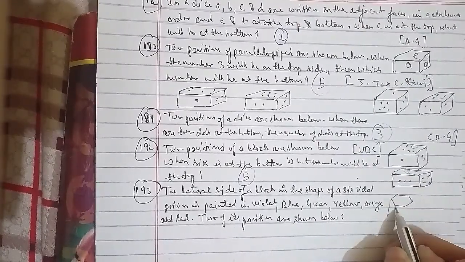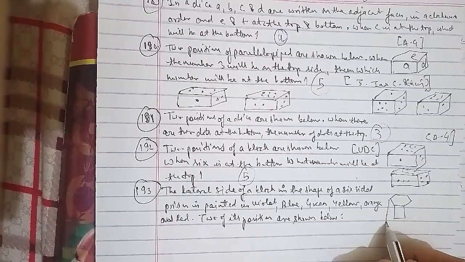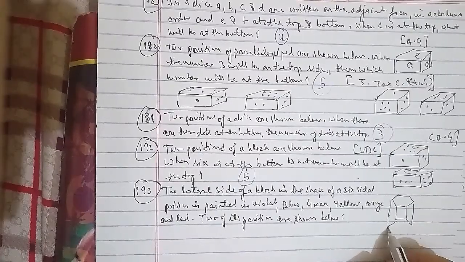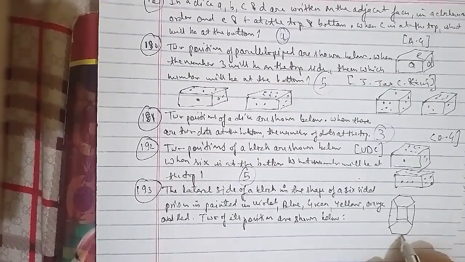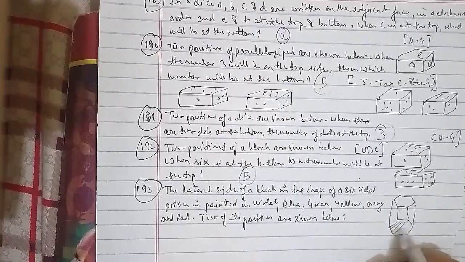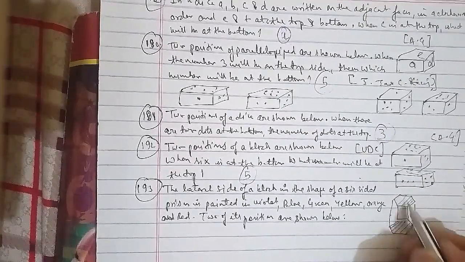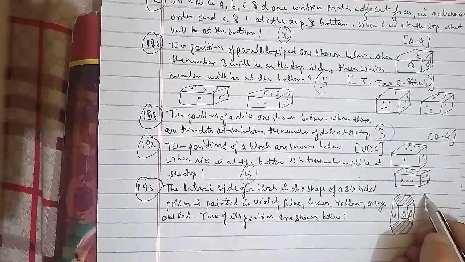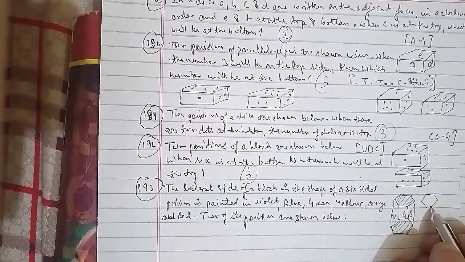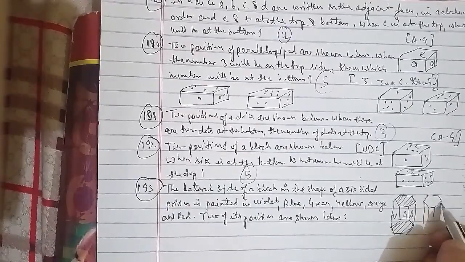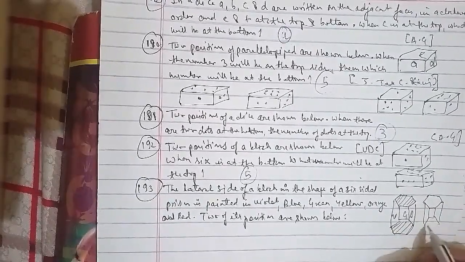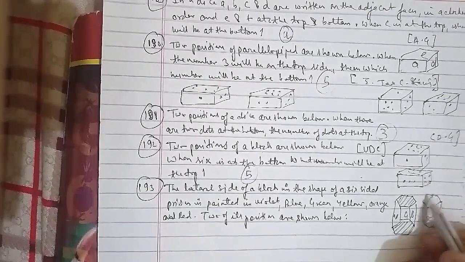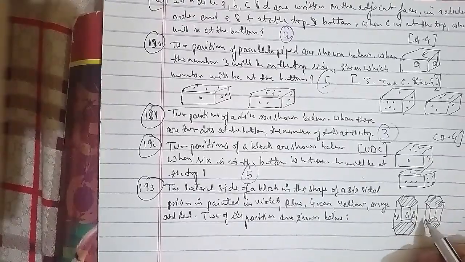So for the same, it has been asked that when the block is laid as in the figure, what are the colors adjacent to the red side? This has been asked in your assistant grade question paper. So that figure we have here as follows.